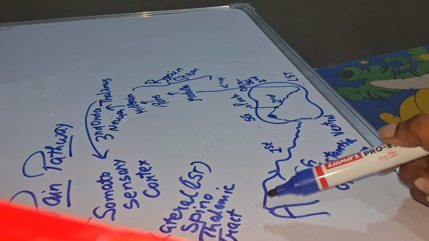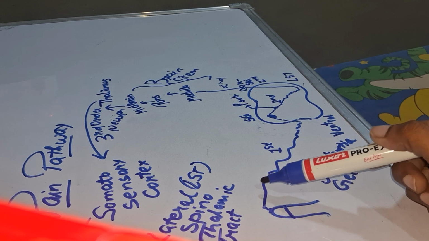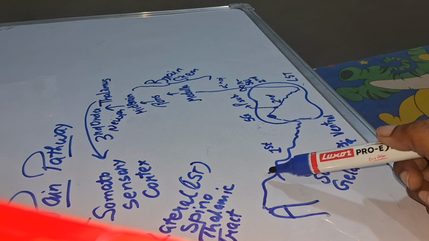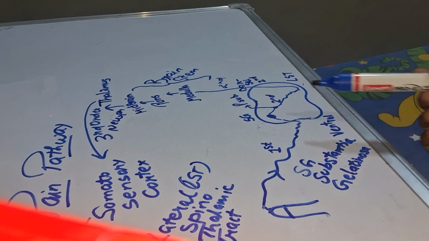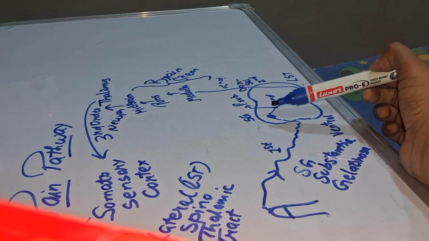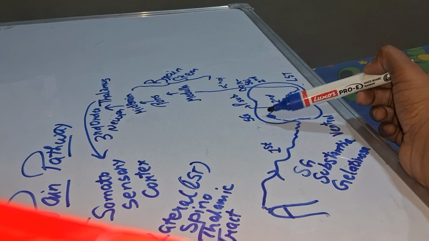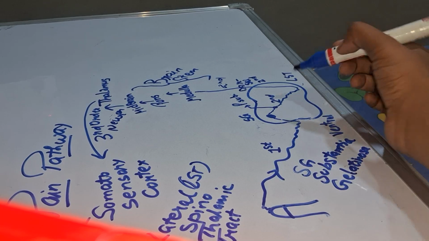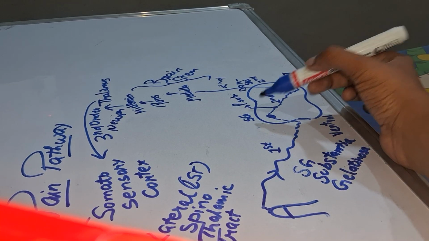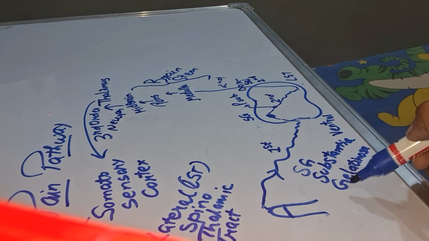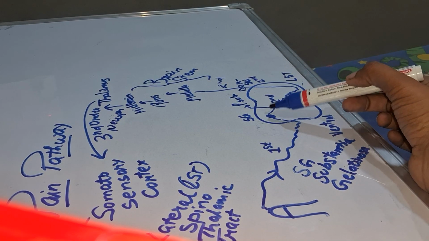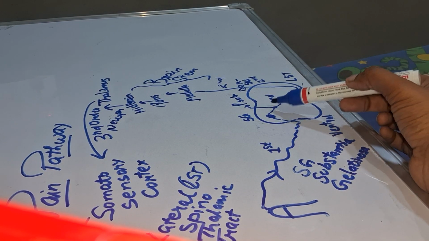Sense receptors detect the sense, and the afferent fiber neurons transmit the signal to the dorsal horn of the spinal cord, where the SG is present. SG is the substantia gelatinosa. SG releases the P substance.